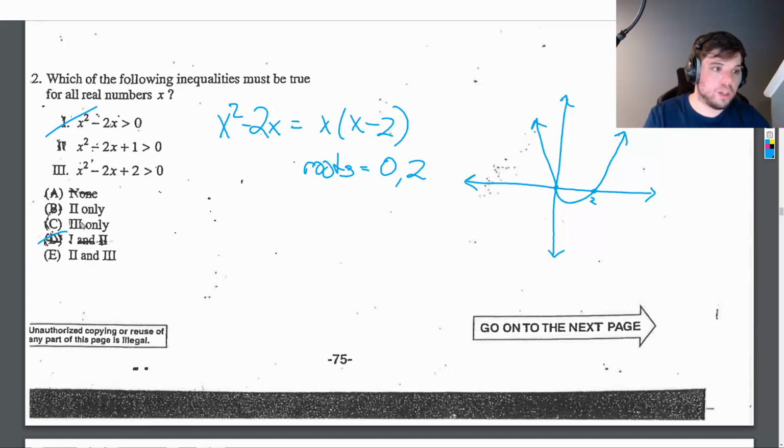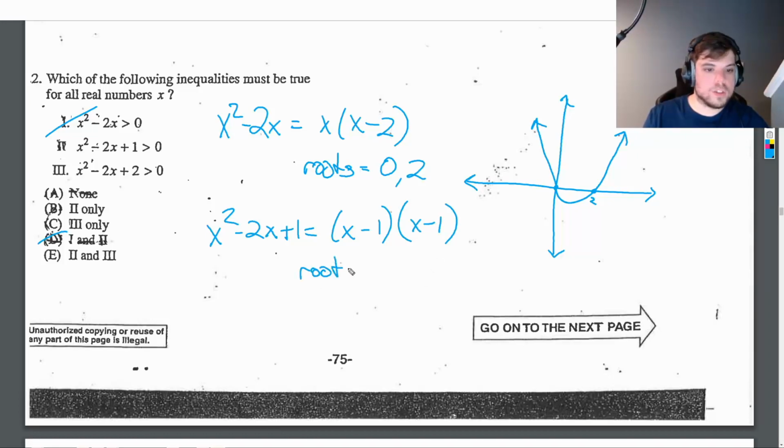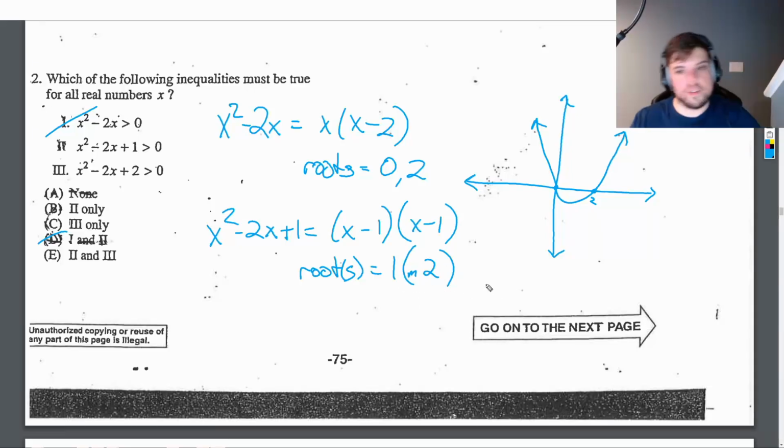Okay. X squared minus 2x plus 1. This is x minus 1 squared, which means our roots are 1 with multiplicity 2, if you want to be very particular about it.